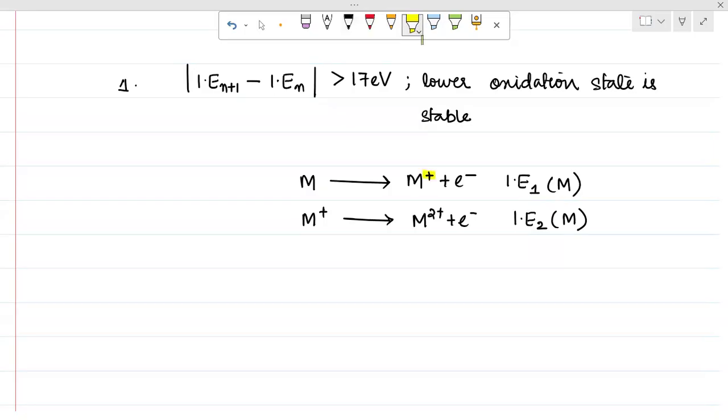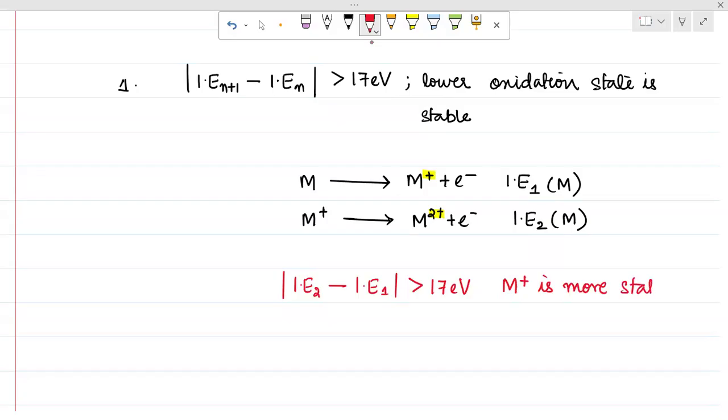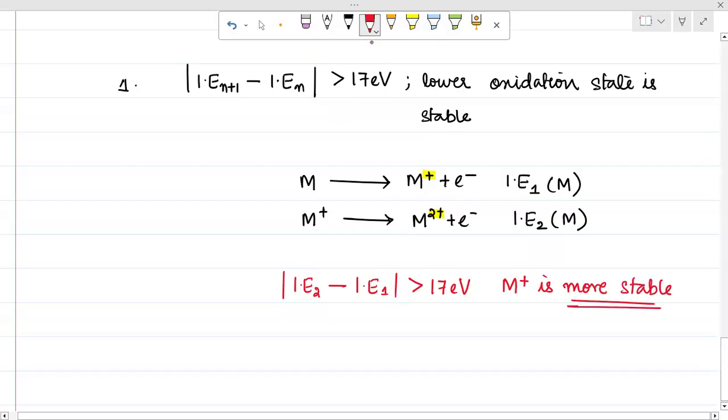One is M plus and the other one is M2 plus. If you have to check which one is stable, is it M plus or M2 plus? What you will do is, you will take the modulus of IE2 minus IE1. And if this is, let's say, greater than 17 electron volt, you will say that among the products, the one which is in lower oxidation state, M plus, is more stable.